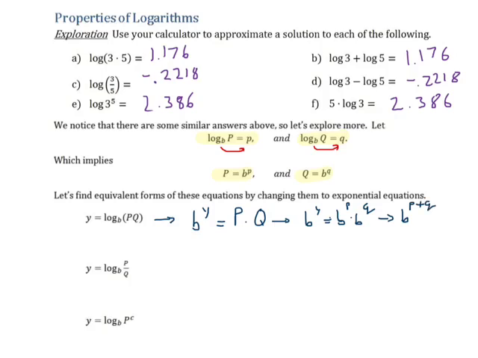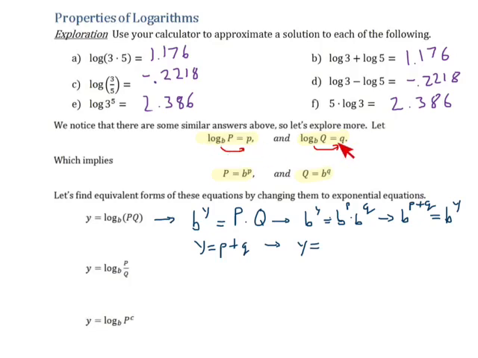So what this is saying is that, with b to the y on our left side, y is equal to p plus q. Okay, so y is equal to little p plus little q. Well, little p and little q are just substituting from up here.